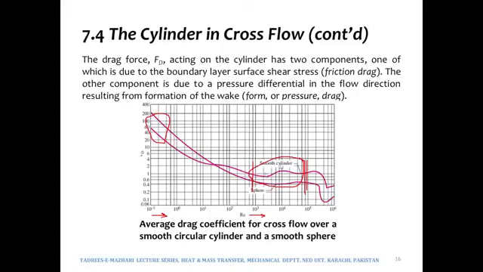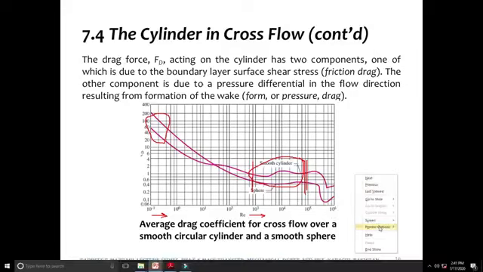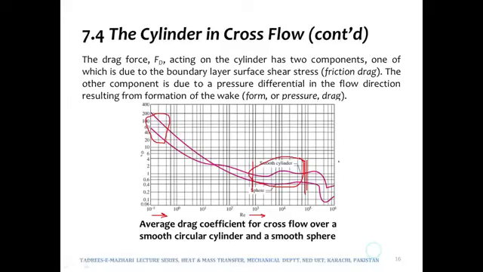And then we see in this particular region, between 10 to the power 5 and 1 exponent 6, a sudden drop in the drag. So this sudden drop would be due to the reason that the boundary layer would become turbulent, because it would be more than 2 exponent 5, and it is reaching 1 exponent 6.